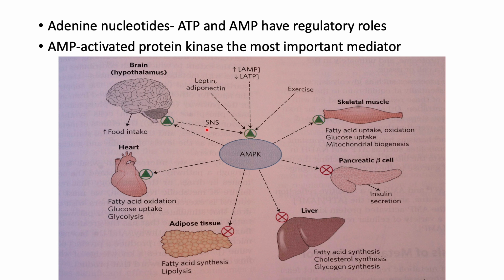Sympathetic nervous system can also stimulate this via signals from the brain. You can have effects on food intake, heart, and utilization of energy with decreases of insulin secretion, fatty acid synthesis, and lipolysis. So these are energy-inducing effects in this particular schematic here.